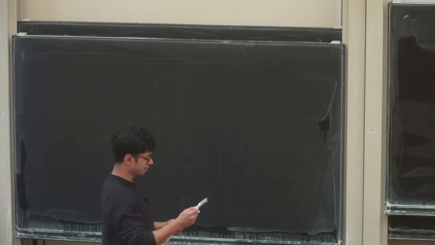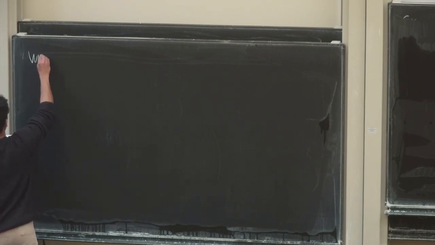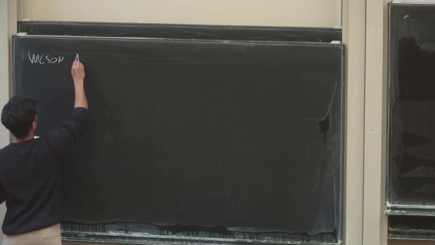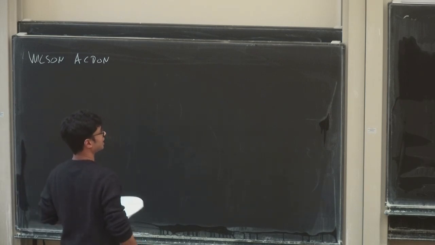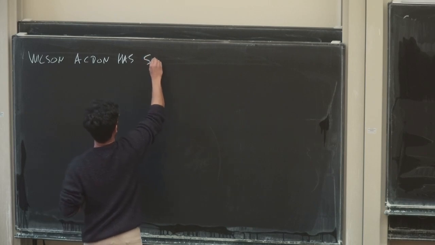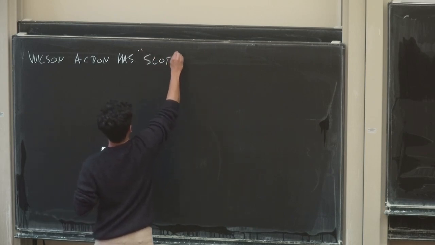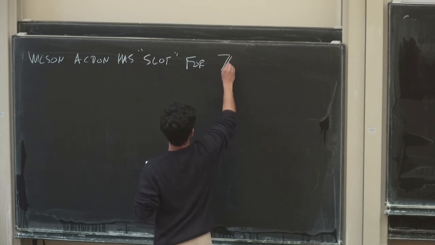Let me explain what I mean by natural slot. So the Wilson action that I've erased over there has a natural slot for putting in a Z_n element.